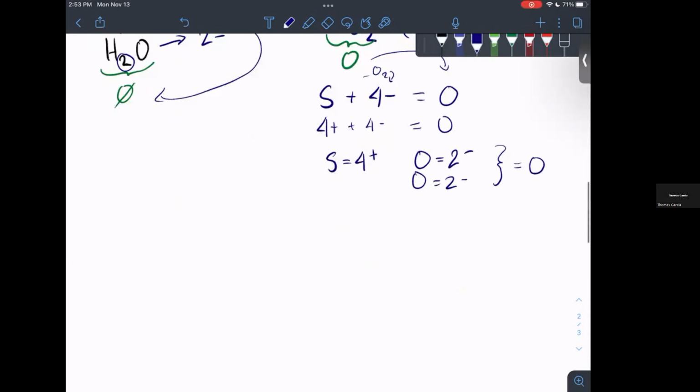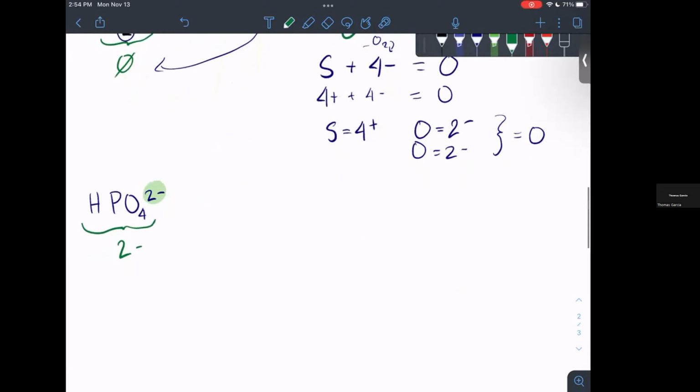Finally, let's go to an even harder example. HPO4 2 minus. Really stepping it up here. So in HPO4 2 minus, we have a couple things to note. One, we have an overall charge. The whole thing overall is going to have a 2 minus charge.